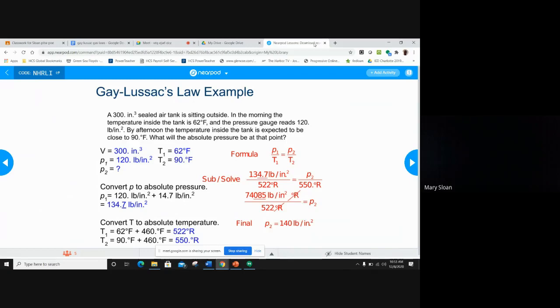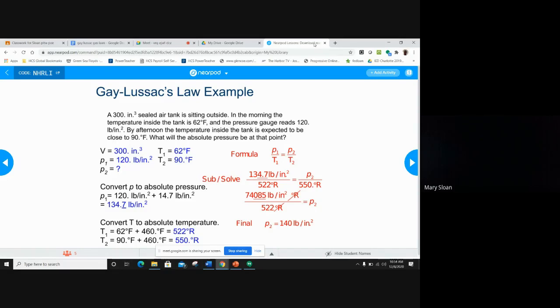No, it's talking about the pressure inside of the air tank, and the volume is involved in the pressure. You need volume to have pressure. But is it involved in the Gay-Lussac practice problem? No, but it's telling us anyway. If we were using the combination gas law, would it matter? Yes, it would. The combination gas law has pressure, volume, and temperature. That's the other one on the other side.